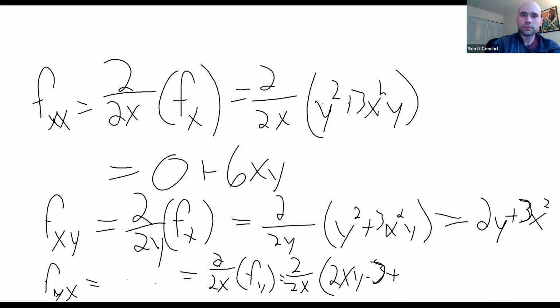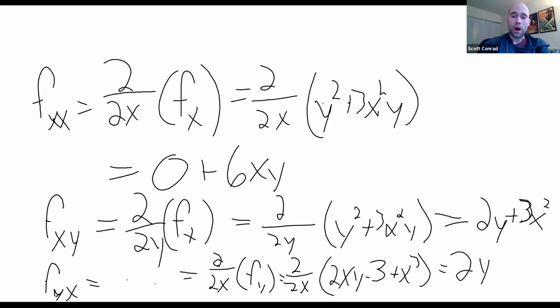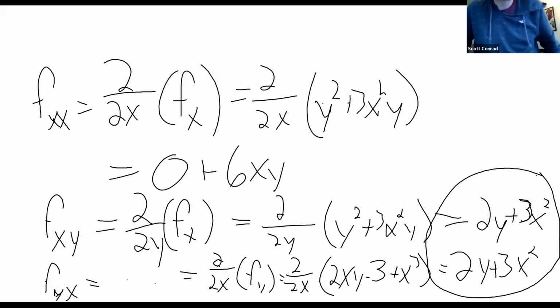And when we take the partial with respect to x there, we get 2y plus 3x squared. So notice f sub xy, in this case, happens to be the same as f sub yx. In this case, it didn't matter what order we took the partial derivative in.